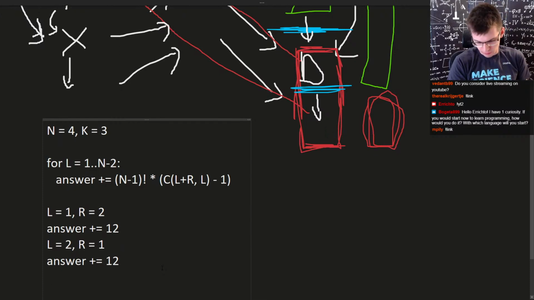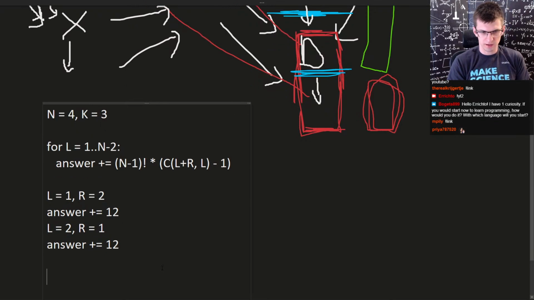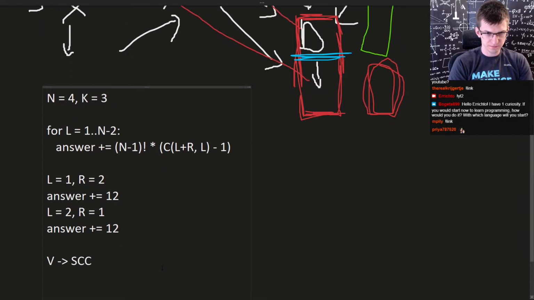But those are ways where the whole graph is one strongly connected component. Then, what about cases where there is A, and then one vertex, let's say V, and then there is a strongly connected component? I'm afraid that we will get too small an answer. Those values are too small.